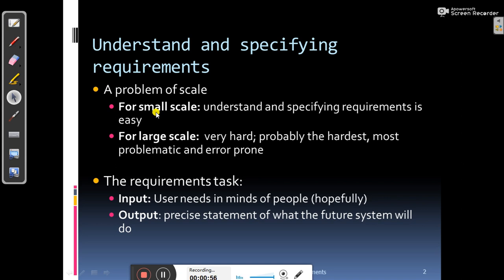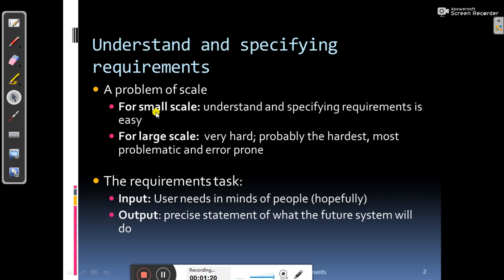But if it is a large scale problem that you are going to complete through information system development or system analysis and design, then documenting all the things might be very hard, probably the hardest, most problematic and error prone.